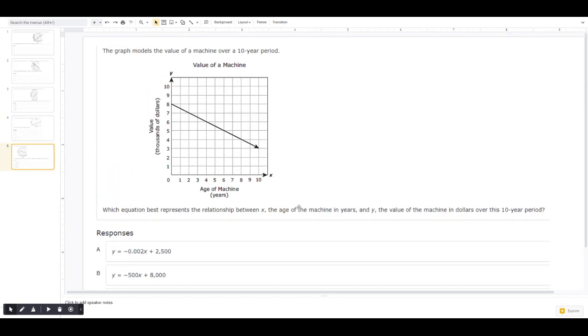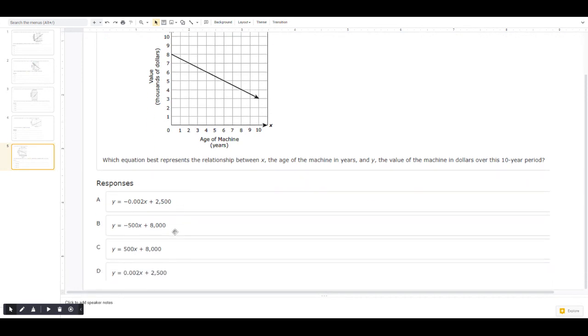Okay, last one here. A graph models the value of a machine over a 10-year period. Which equation best represents the relationship between x, the age of the machine, and y, the value of the machine in this 10-year period? Again, a quick peek down at our answer choices shows us we need to figure out what the y equals mx plus b equation would be for this graph.